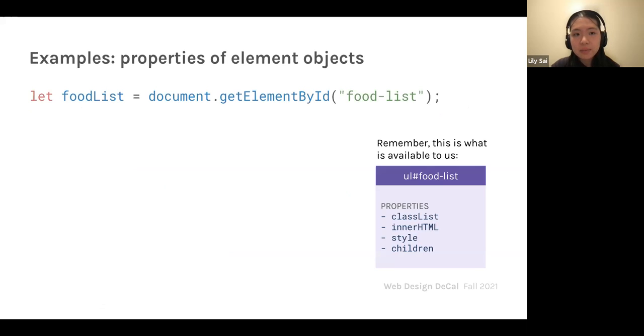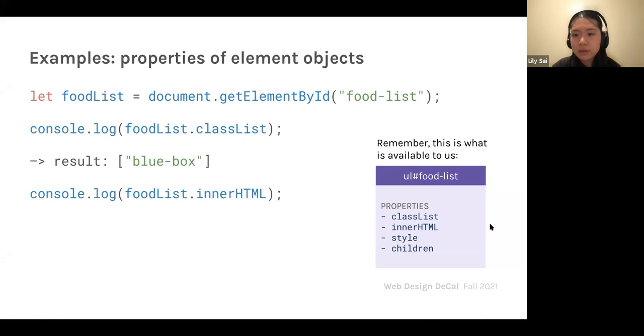Example. Again, we can get our food list element by using getElementById, and that'll return this DOM object. Then we can use some of the properties. If you remember previously, it had the ID food list, but it also had a class blue box.